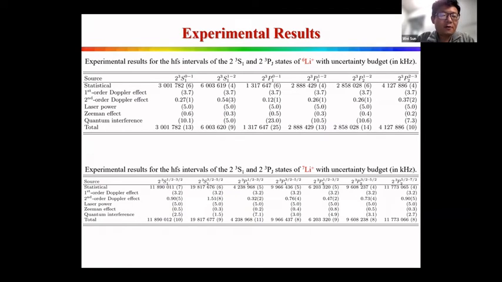We see that for lithium 7, our experimental values for these splittings have uncertainties of about 10 kilohertz, which represent the most precise experimental values to date.